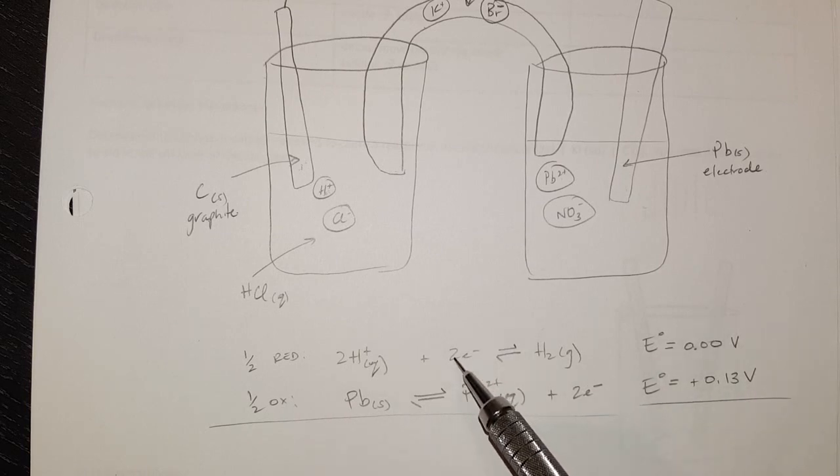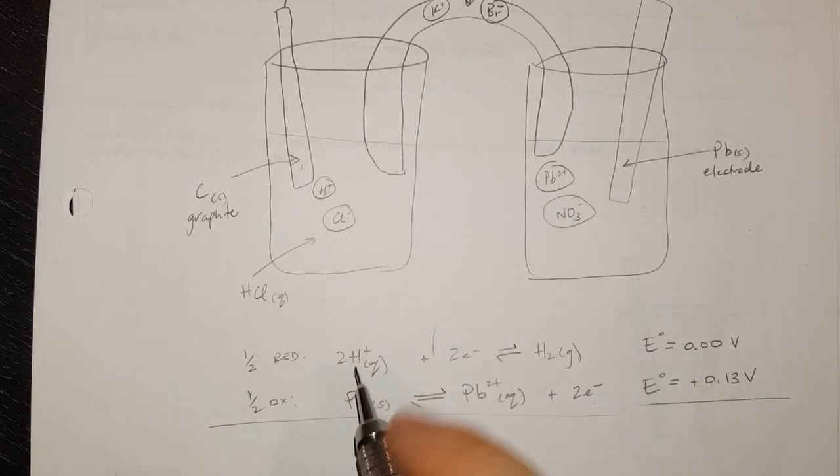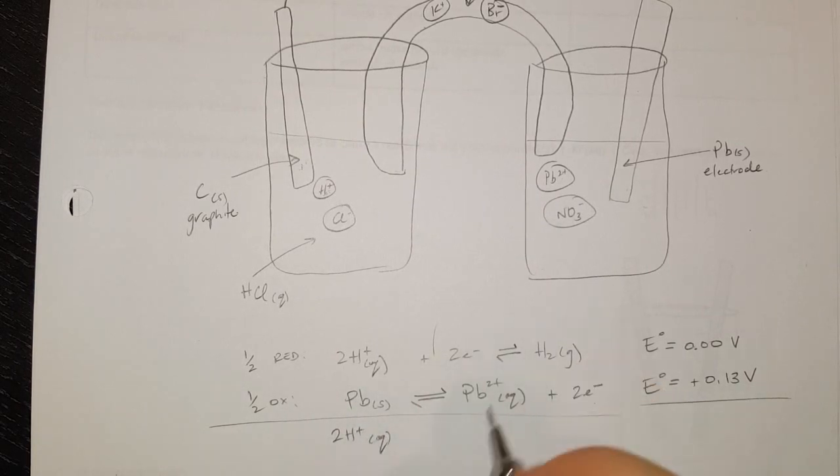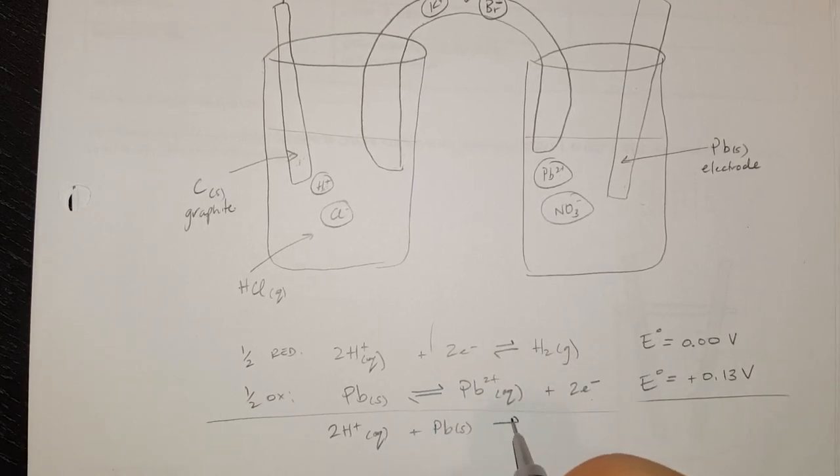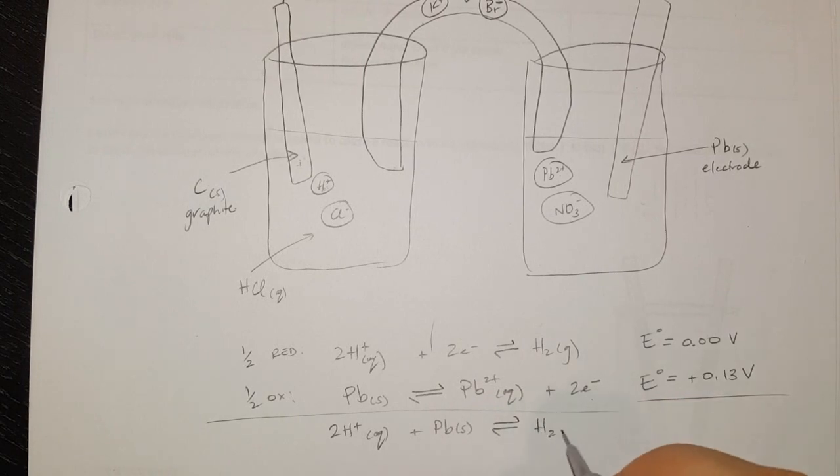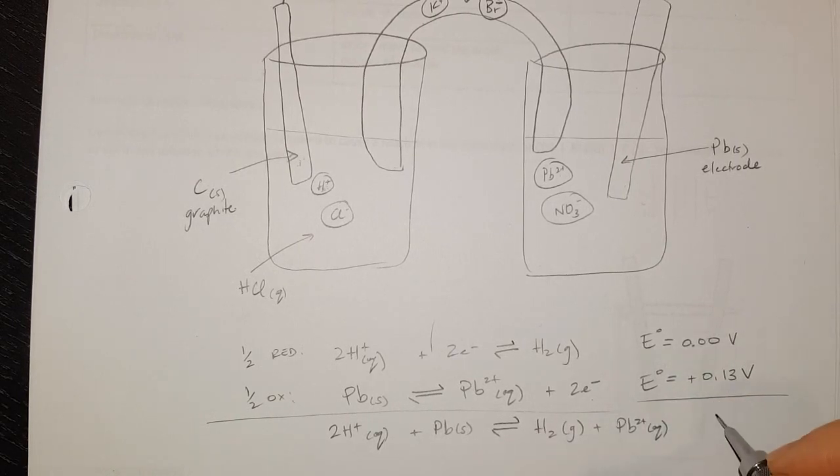As you can see, this is 2 electrons and that is 2 electrons, so I don't need to do any multiplications here. I can simply add them, and I'm going to get 2H+ aqueous plus Pb, giving H2 gas and lead ions. And we see that the E net is equal to positive 0.13 volts.